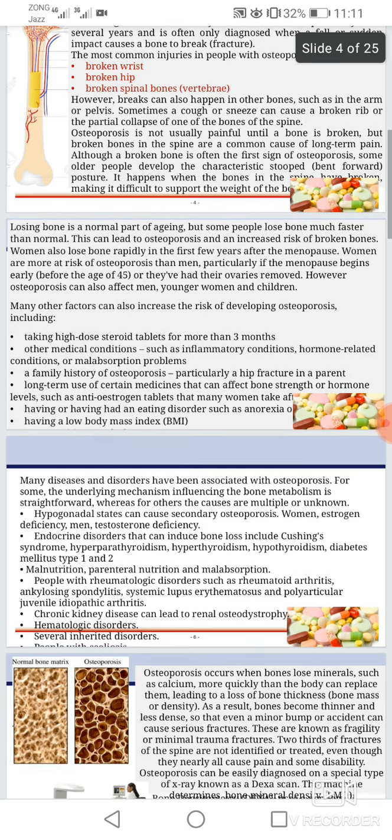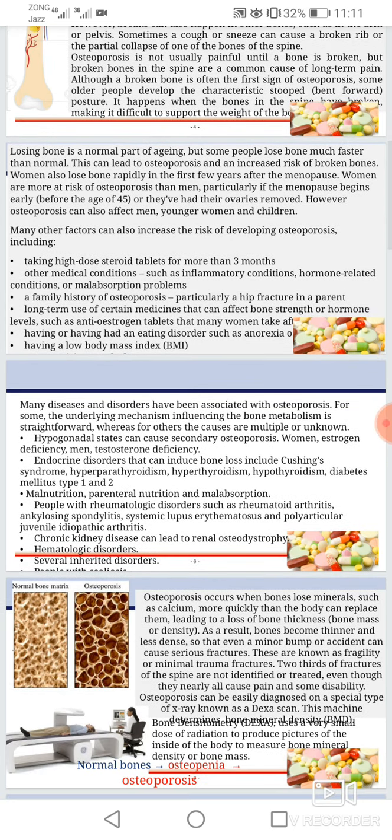Many other factors can also increase the risk of developing osteoporosis, which are taking high dose steroid tablets for more than 3 months, other medication such as for inflammatory conditions, hormone related conditions, or malabsorption problems.